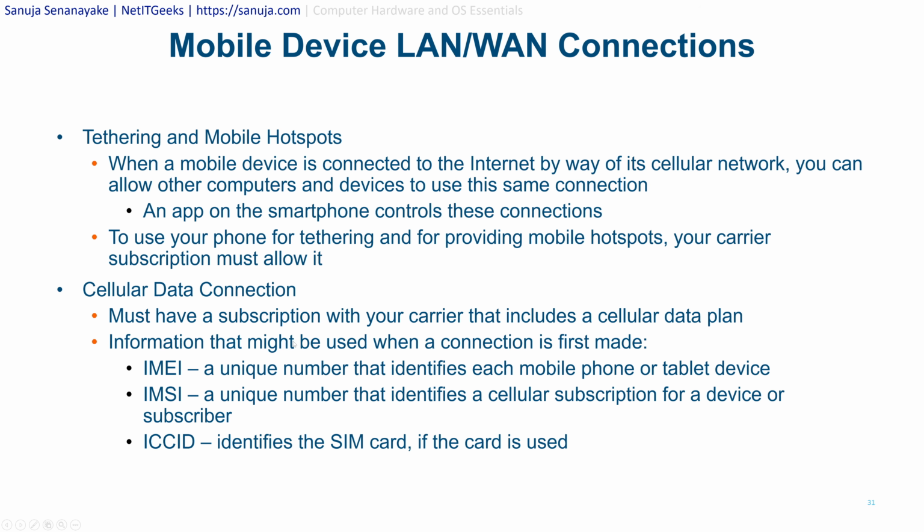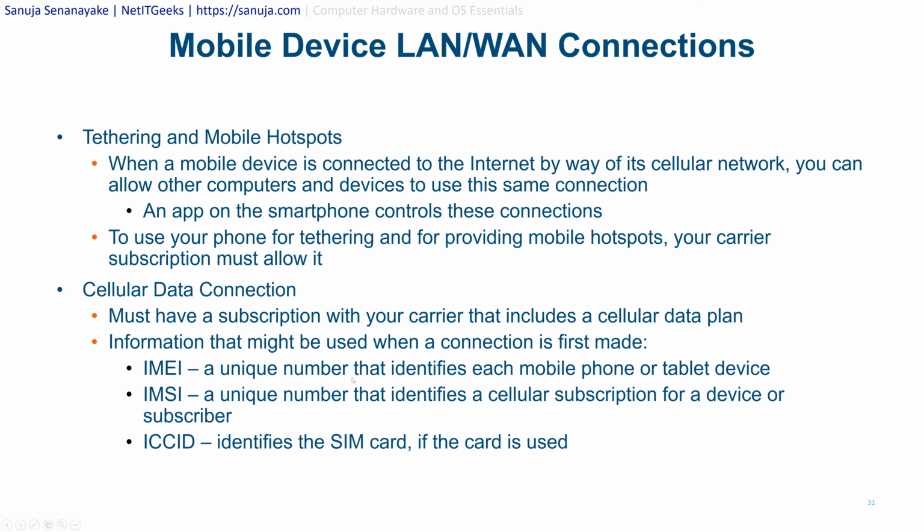That must have a subscription with your carrier that includes a cellular data plan. Again, in some countries, you may only have a data plan available in certain areas and not in other areas. In Canada, most areas do have data connection plans that you can buy.